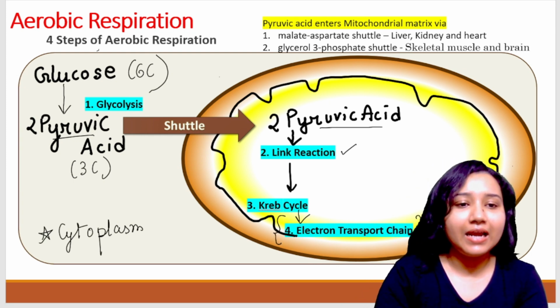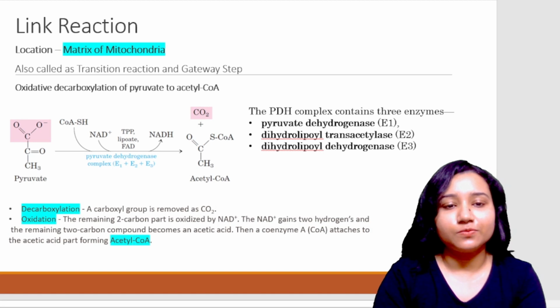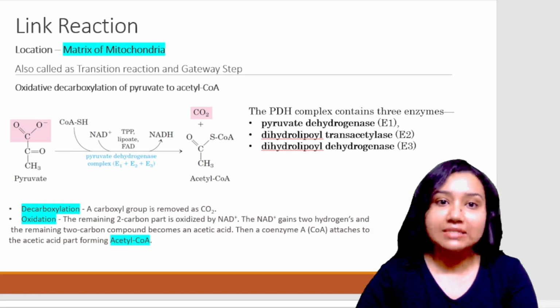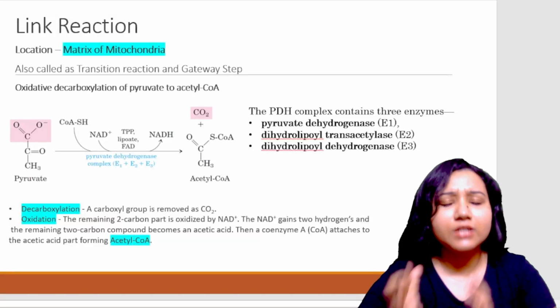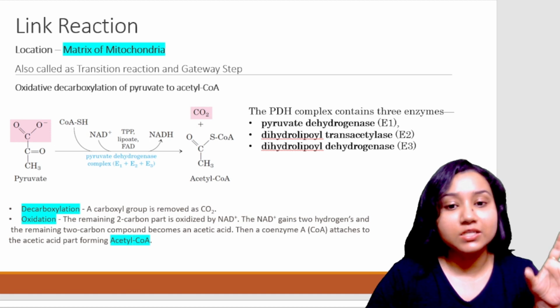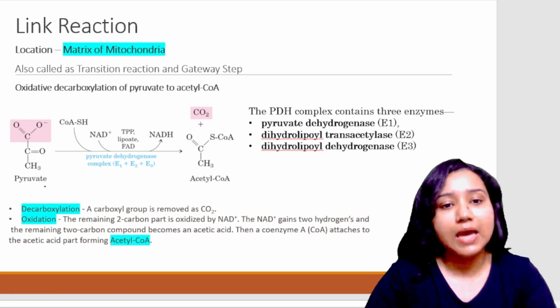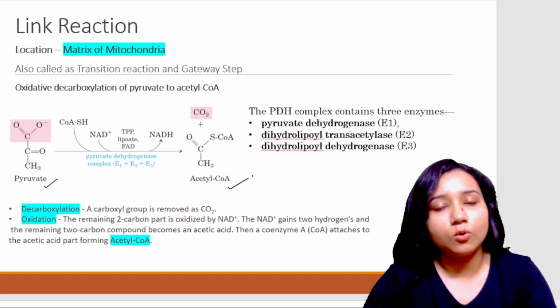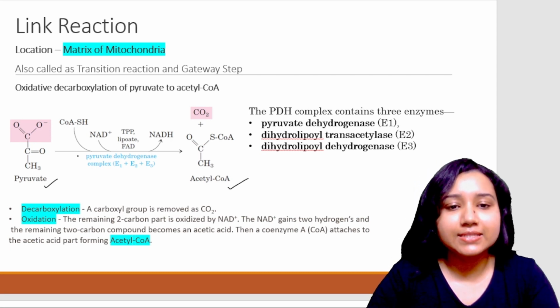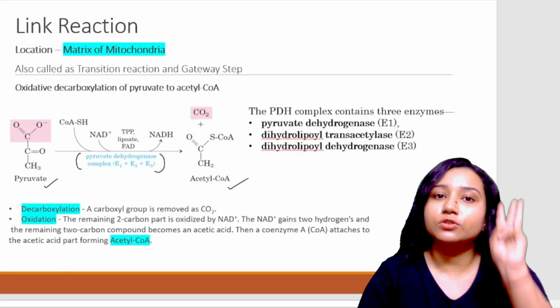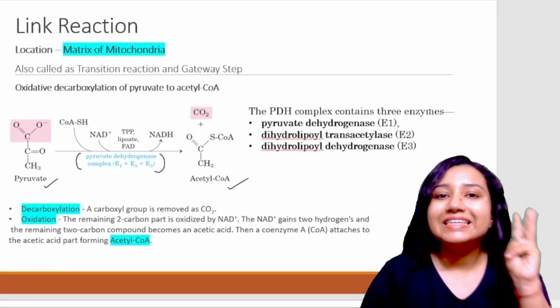Okay. Now, what is this link reaction? You could all see that it is also called a transition reaction. So what transition is taking place? We can see here that the pyruvic acid, which was formed during the glycolysis, is going to form acetyl CoA with the enzyme pyruvate dehydrogenase complex, which is basically a combination of three enzymes.